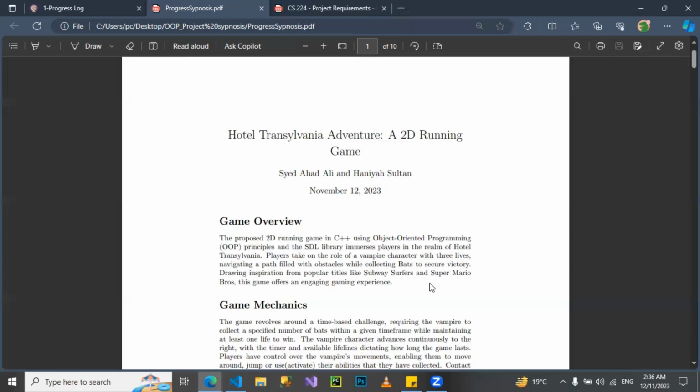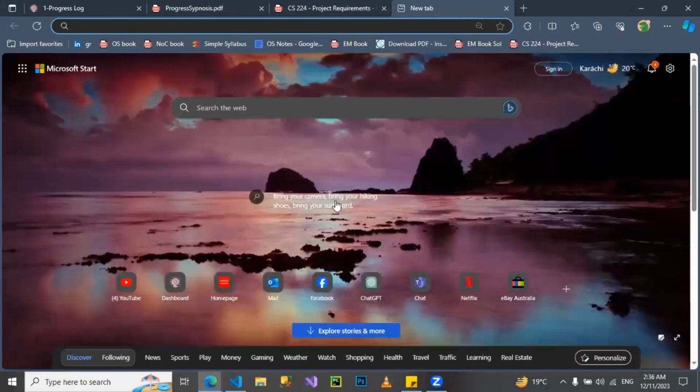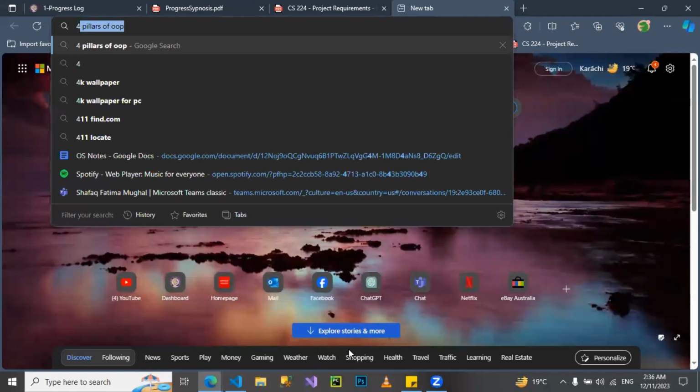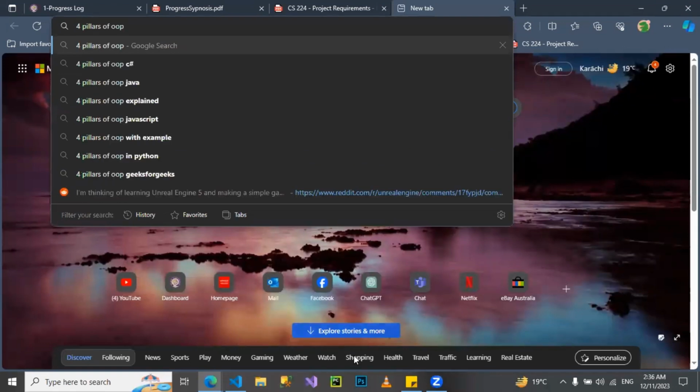So this is just a little breakdown of what OOP is supposed to be like. There are four pillars of OOP.